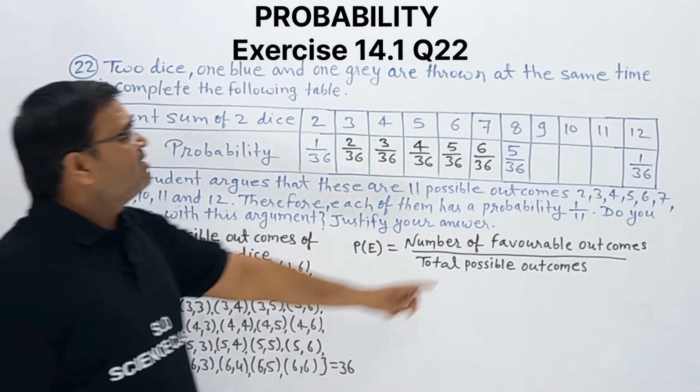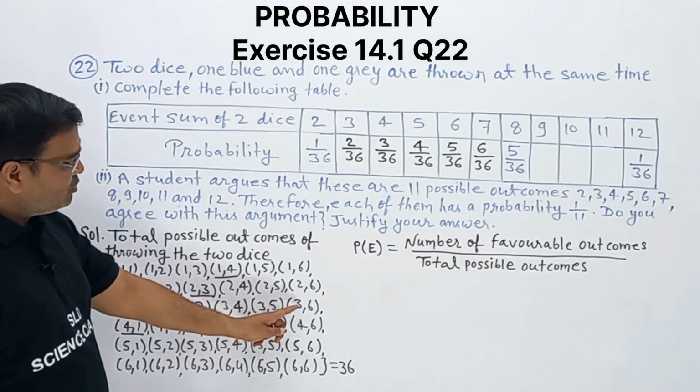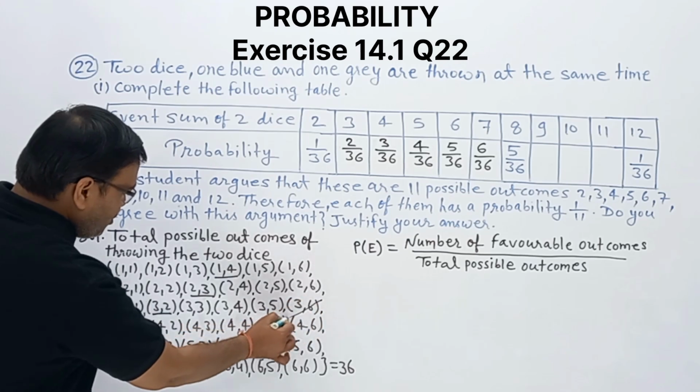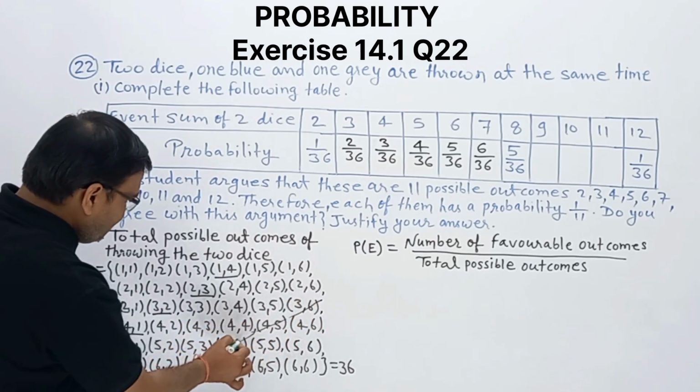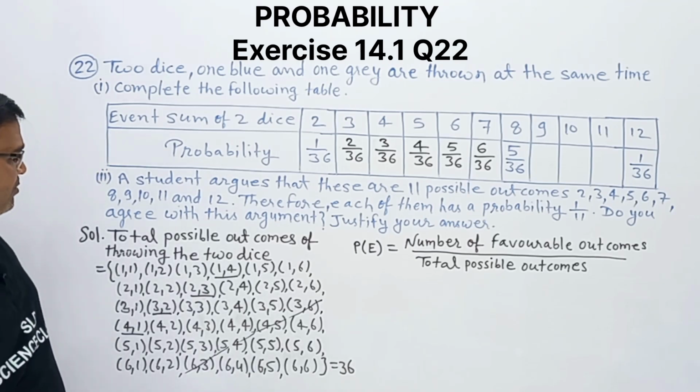Clear? Now next, sum 9. What will the outcomes for sum 9 be? 3 comma 6, 4 comma 5, 5 comma 4, 6 comma 3. Observe, these outcomes have sum 9.